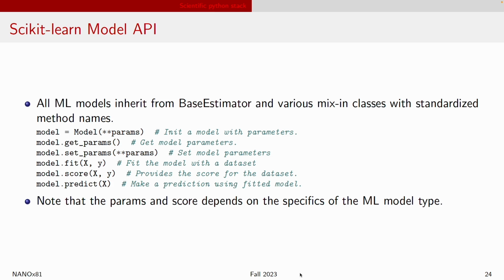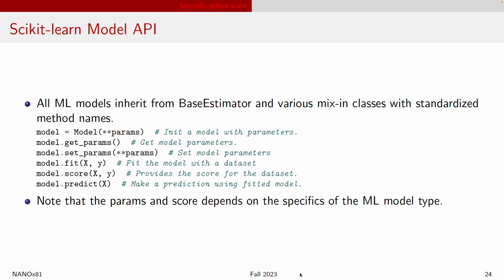Then to fit the model, there's always a function called fit, okay? And you give it x and y, right? X is always necessary. X is basically your input feature set. Y is your target. Now, if it is a supervised machine learning model, you have to define both x and y. If it is an unsupervised machine learning model, which we will talk about later, you provide just x, okay?